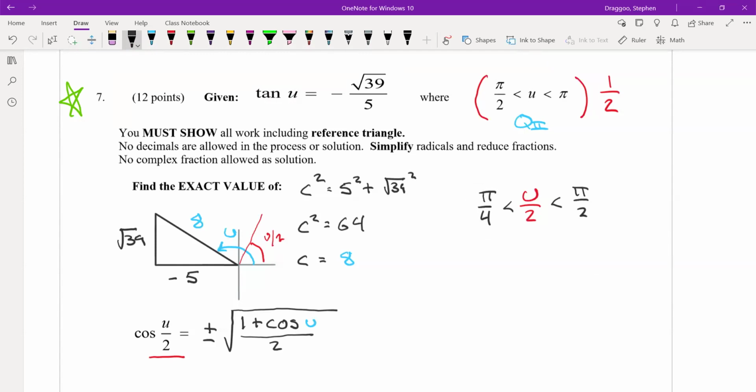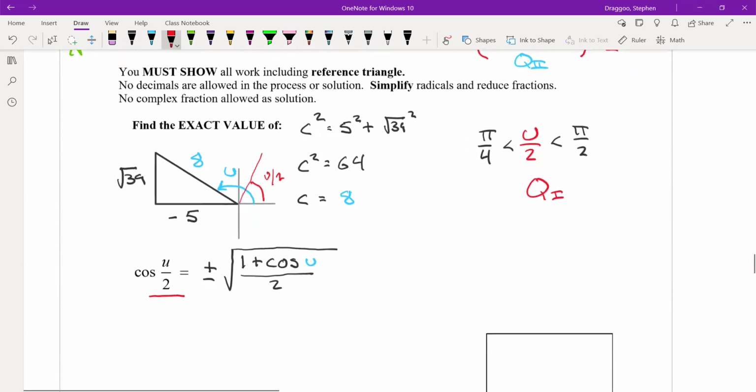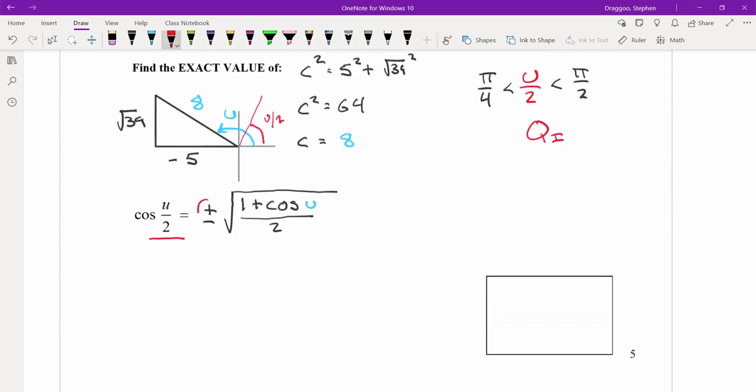So here I know, putting it all together, that u over 2 must be in between pi over 4 and pi over 2, which puts us in the first quadrant. So either way, I know I'm in quadrant number 1, and in quadrant 1, cosine values are positive.